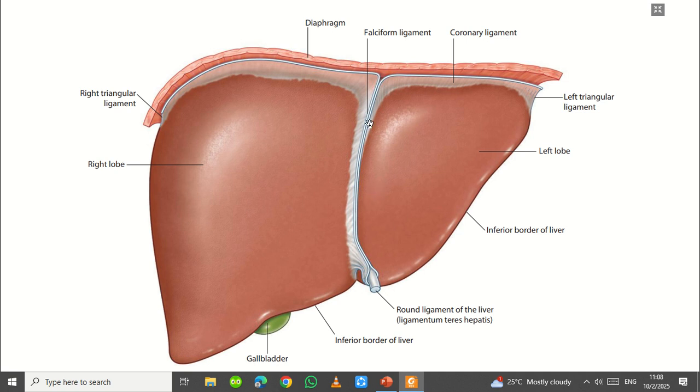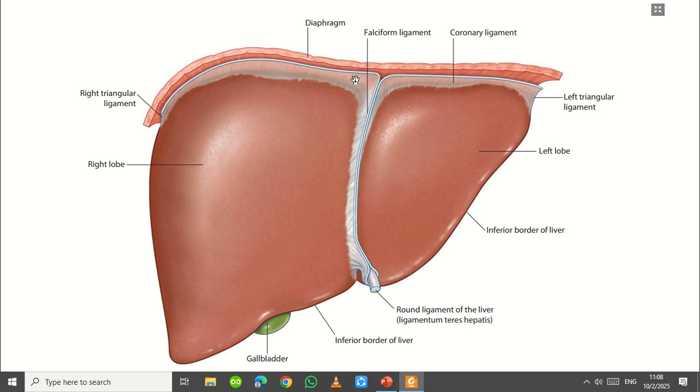So the left coronary ligament is going to give a posterior and an anterior, right? We're going to have an anterior and the posterior coronary ligament, and the left coronary ligaments, anterior and posterior, will form what's called the left triangular ligament right here.